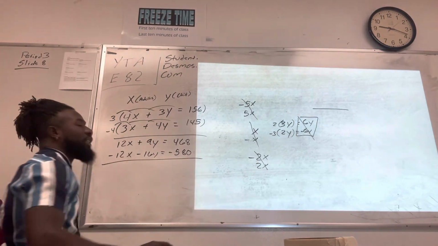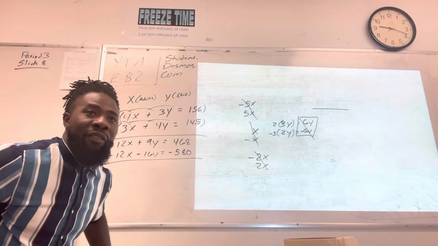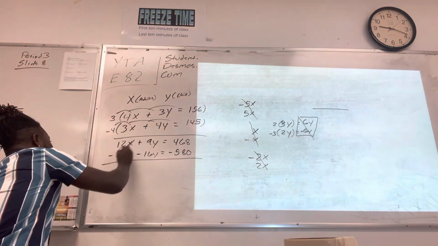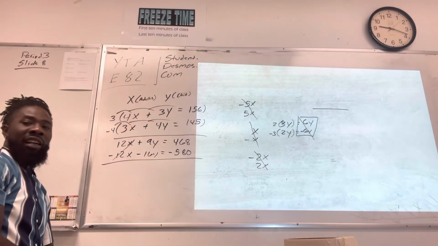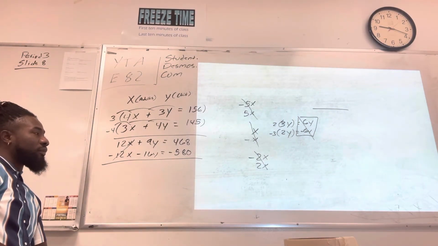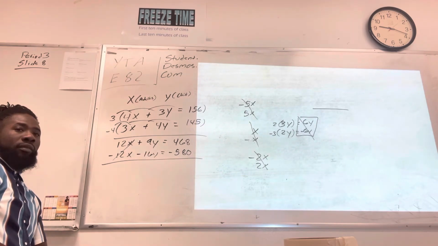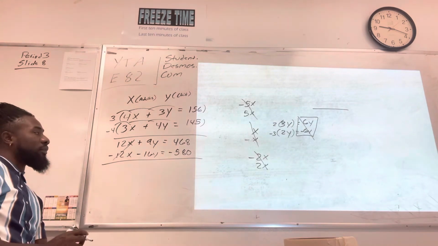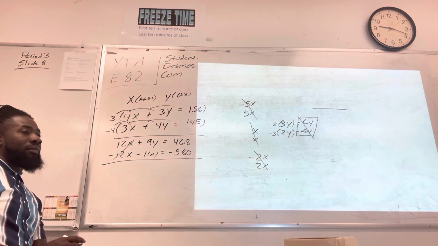Now, do we have an inverse pair? Yeah. So let's go ahead and cancel it out. Now let's combine our like terms. What does that become? What's the outcome?